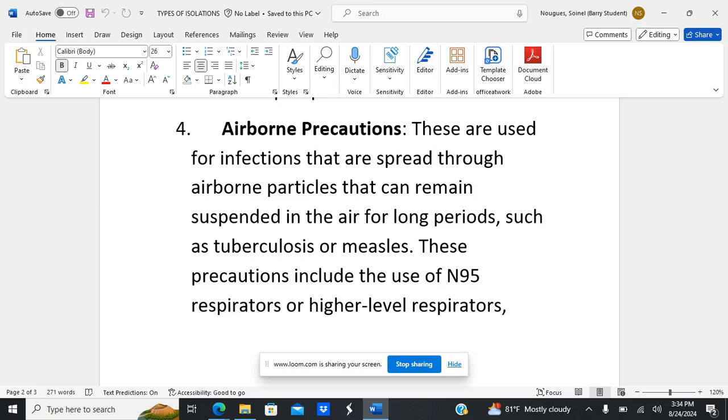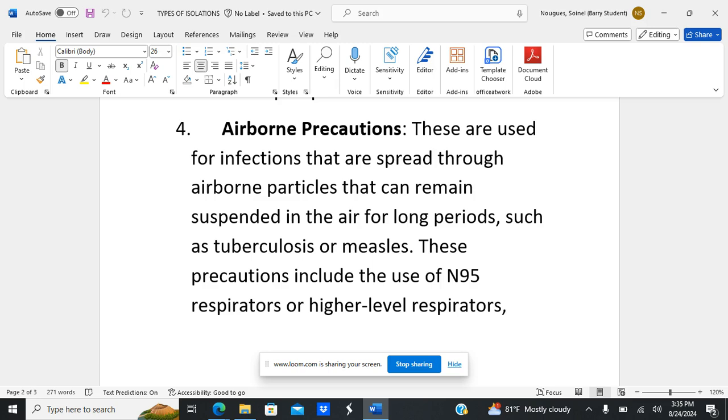Airborne precautions are used for infections that are spread through airborne particles that can remain suspended in the air for a long period. So don't shut this room. You have to disinfect this room before you even go into it to do the care, because there should be germs in this room for a long period, guys.